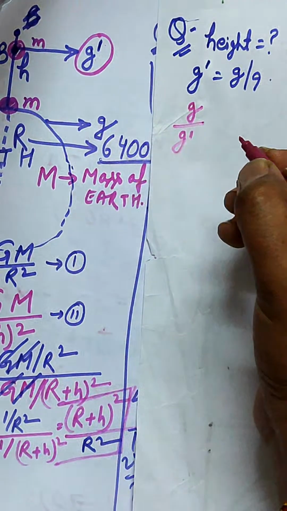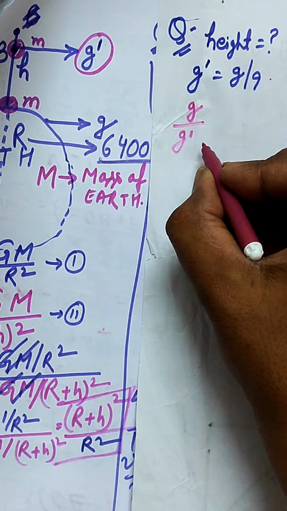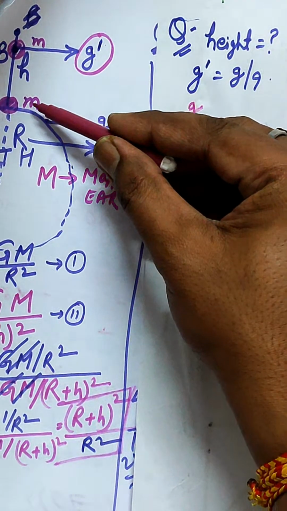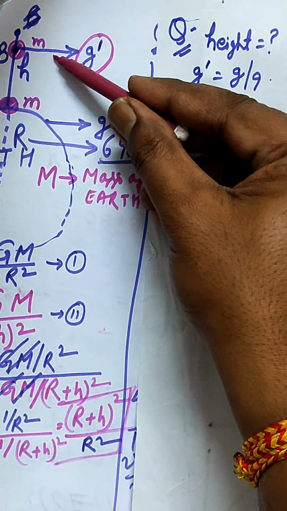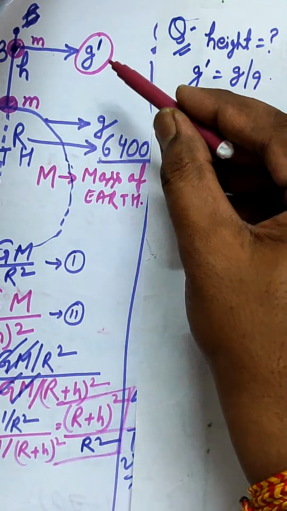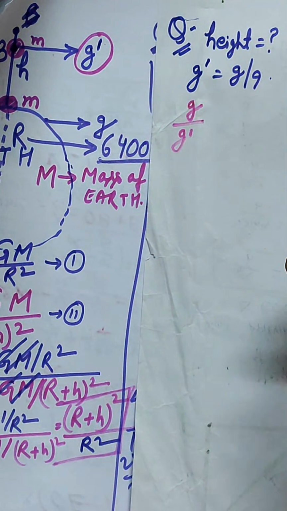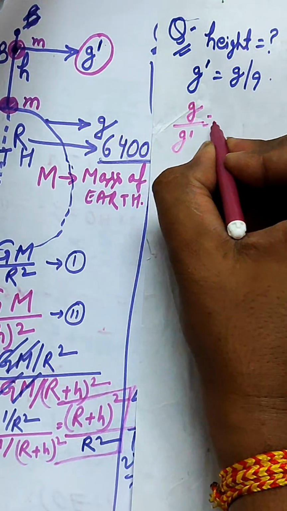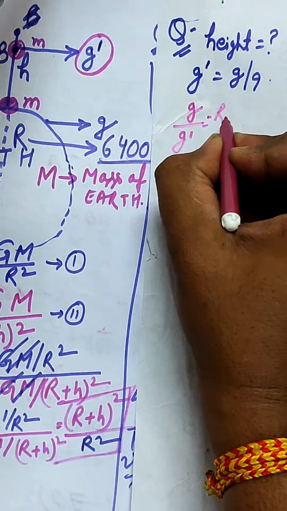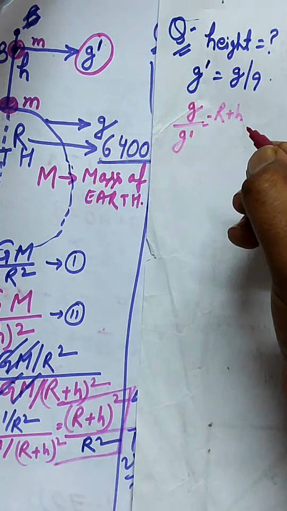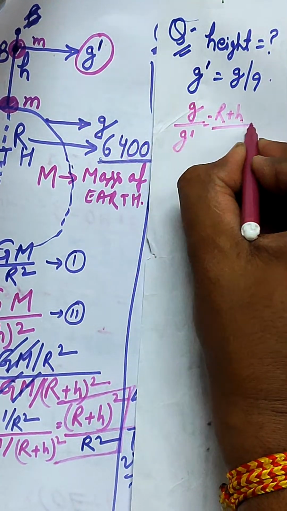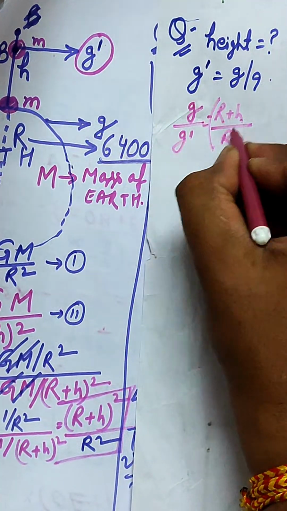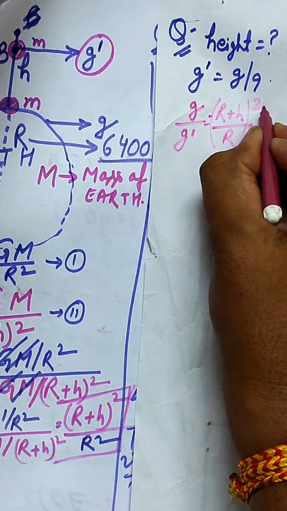g dot, where g dot is the acceleration due to gravity after raising the mass up to a height of h. You can see we'll be using the same formula. So g by g dot is equal to (R plus h) by R, whole square.